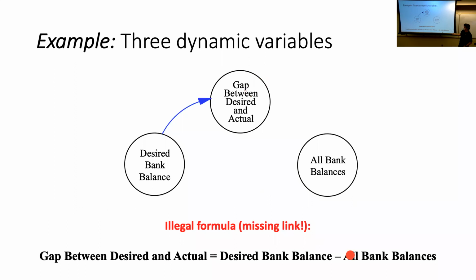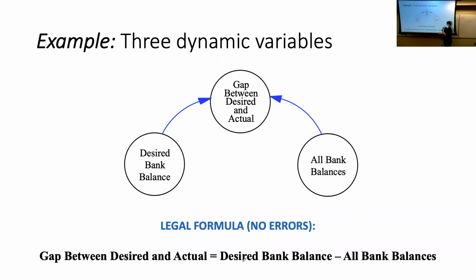But I still can't use all bank balances because it's missing that link. So then I finally draw that link, and Vensim tells me that that's a legal formula. It is okay because the links have given access to the information up here. So that's how links are used in stock and flow diagrams.